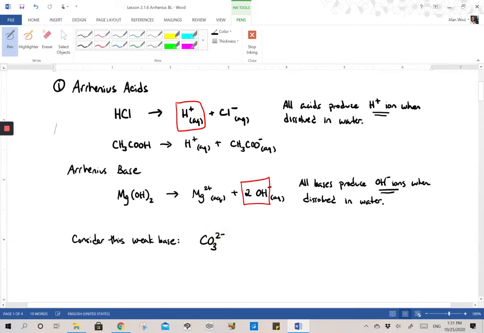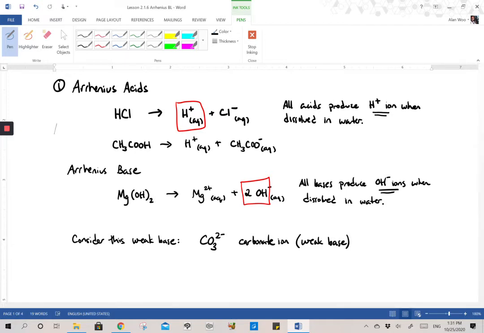This is carbonate. It is considered to be a weak base compared to strong bases such as all your hydroxide compounds.